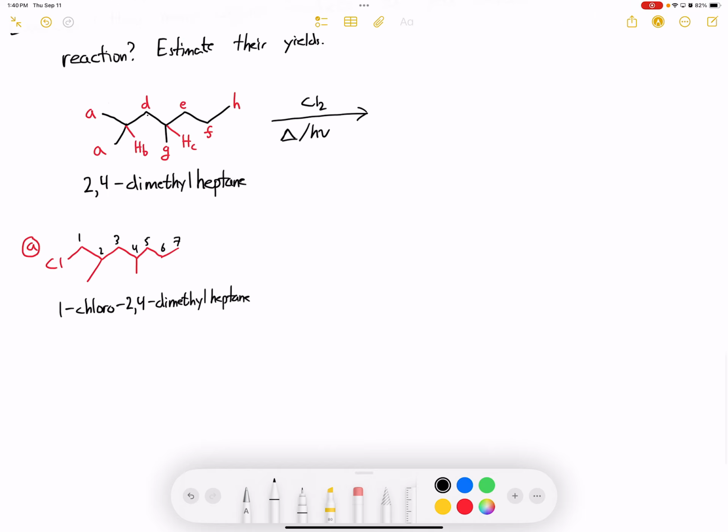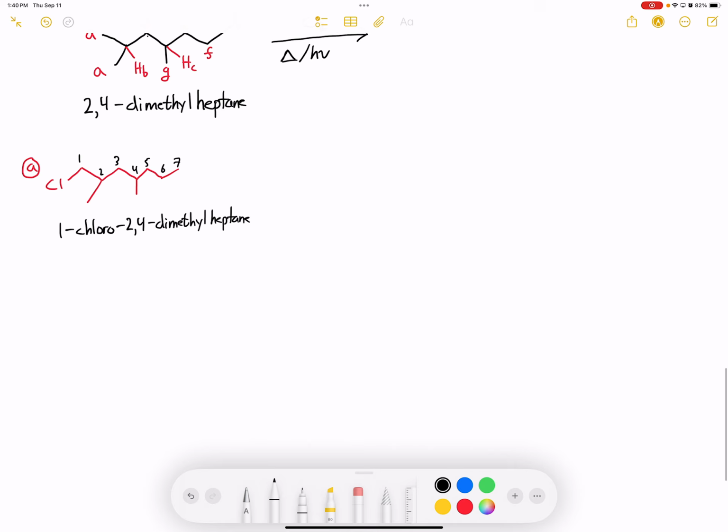There's 2 sets of hydrogens for A. So how many hydrogens is that? 6. So the rate here is going to be 6 times, do you remember the ratio for primary hydrogens for monochlorination? It's 1 to 4 to 5. So we're going to put 1 there, 6 times 1. We're going to come back to this later, and then we'll calculate the yields.